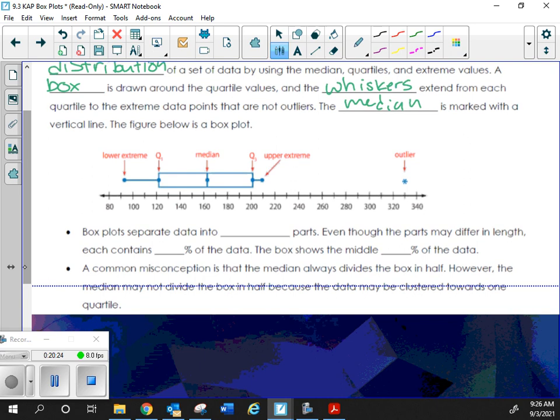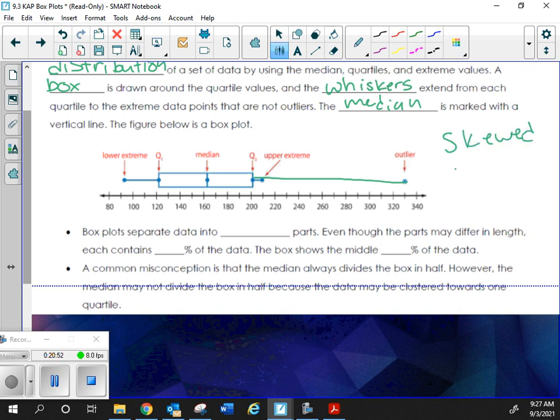So if I did include this whisker, let's just pretend for a second. Let's look at the shape and distribution of that. If I did include that outlier, if I did extend my whisker, would y'all say that is symmetrical, left skew, or right skew? Very good. That would be right skew or skewed right.